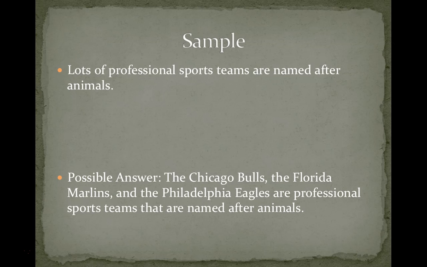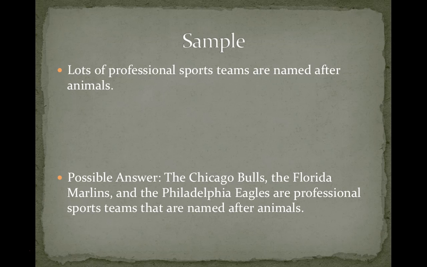Now, look at the connection between these examples and the generalization. So the generalization is lots of professional sports teams are named after animals. Some questions that are going to come up about the quality of this generalization is, what exactly is it that we mean by lots? Do we mean more than half? Do we mean more than a quarter? It's hard to say.